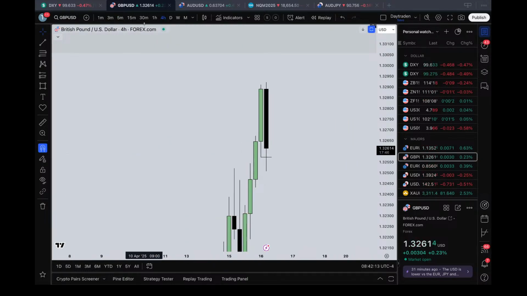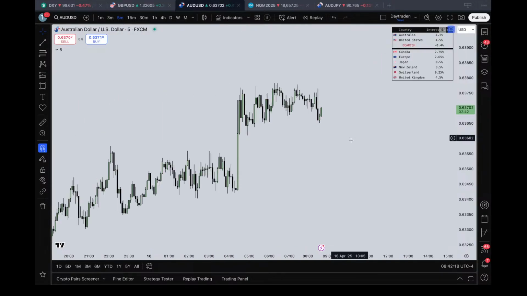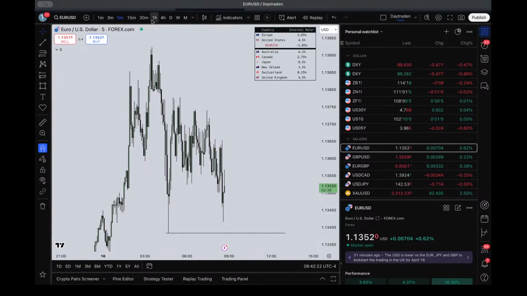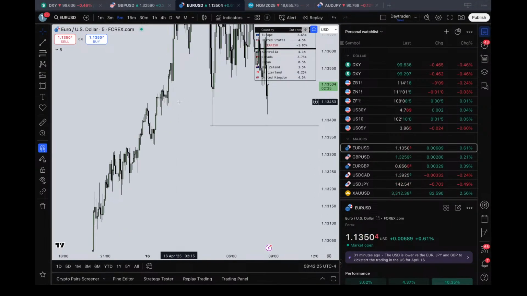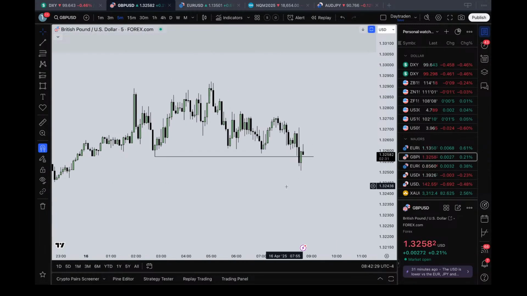Traded into the 4-hour gap. I do think that this is SMT as well. No, it is not. No.